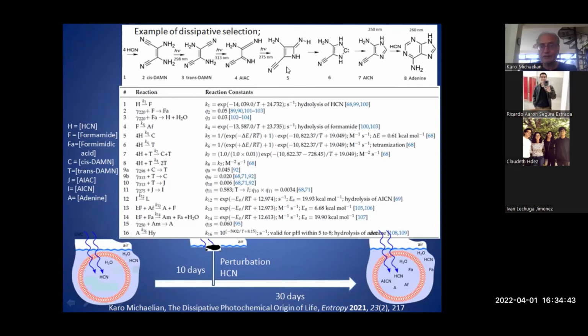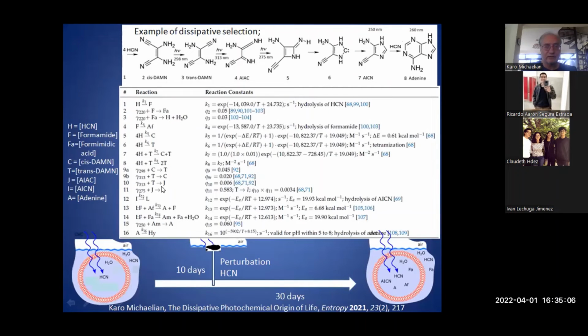But the tendency of nature is again towards those concentration profiles which produce more dissipation. Okay, so to show that, we have this system then of equations giving rise to adenine from 4, or actually 5 molecules of hydrogen cyanide, because we add another one at the end here.